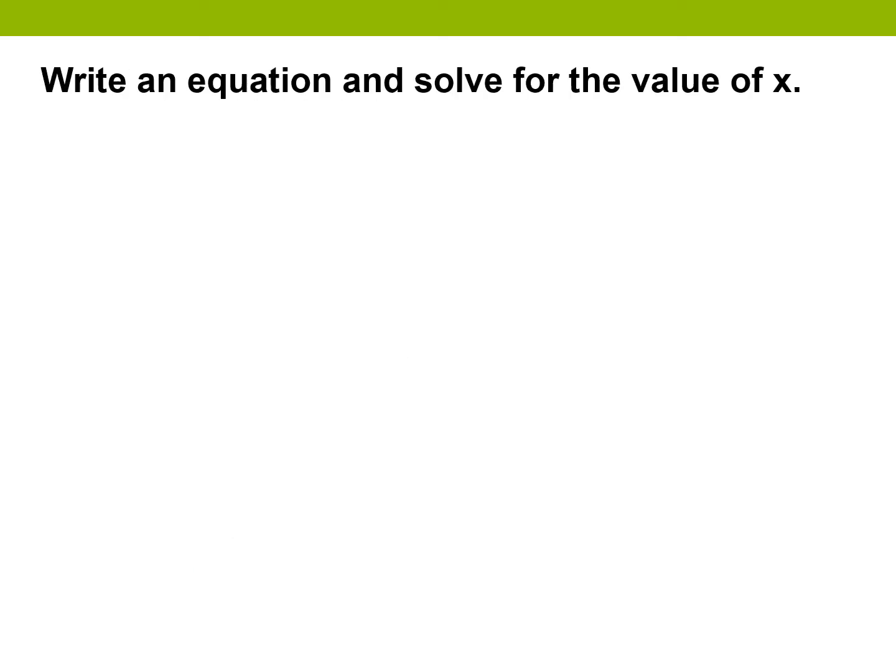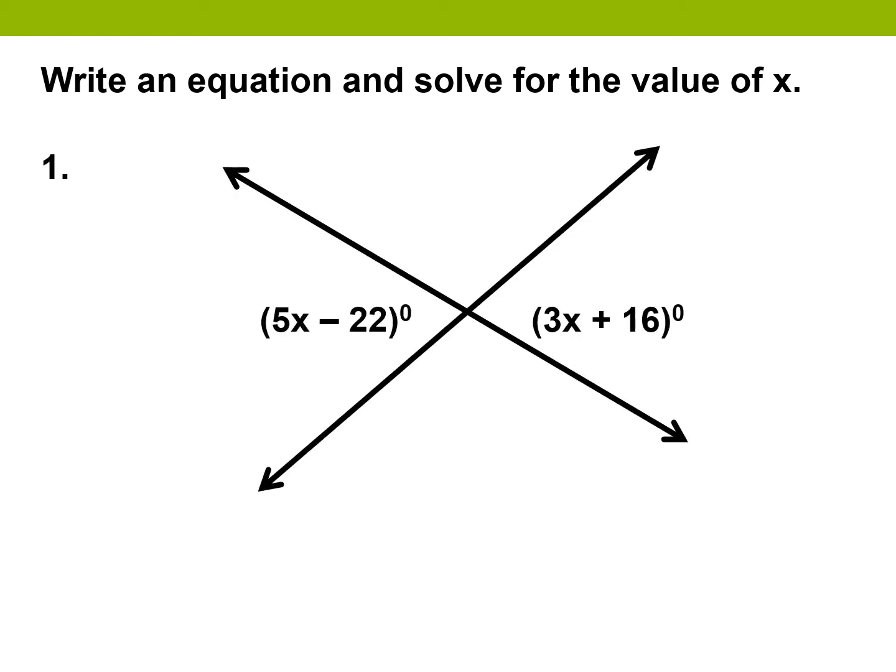Okay? Next, write an equation and solve for the value of x. How about this? So what is the supported theorem that will let us find the answer? So this is the vertical angle theorem because they are vertical angles, and vertical angles are congruent, correct?